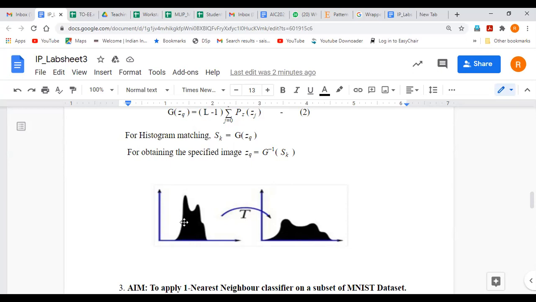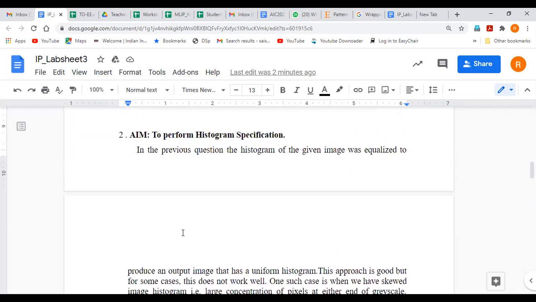That intensity we assign to this. So you got the point. We match the CDF of the given image to the target image, and the intensity of the target image is put into the given image. That is referred to as histogram specification.